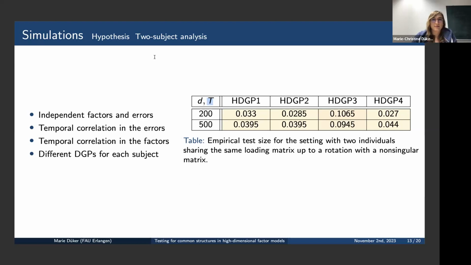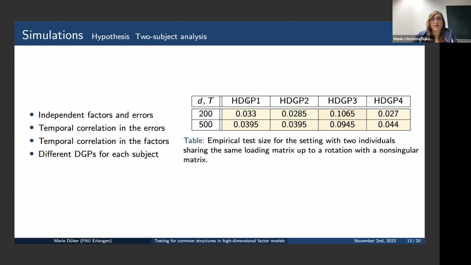Here in this case, we looked at the hypothesis, and we are in the two-subject setting. So we have two subjects. We have potentially two different loading matrices. But under the hypothesis, we assume that those loadings are either equal or they undergo some rotational change, so by some non-singular matrix.